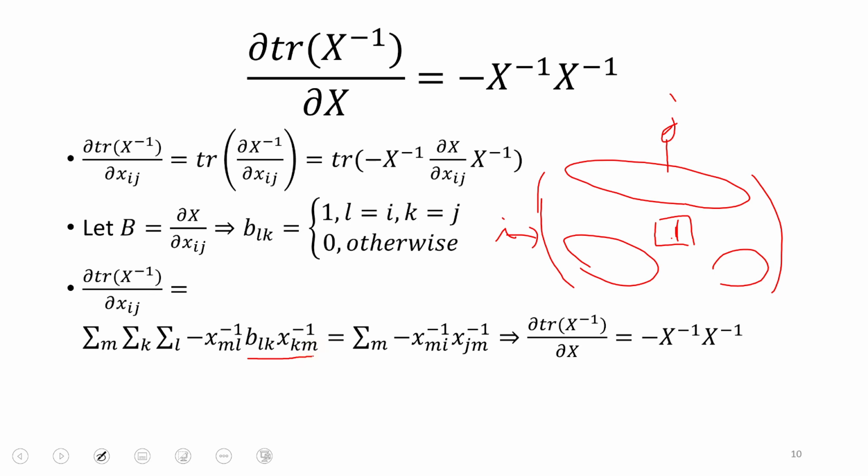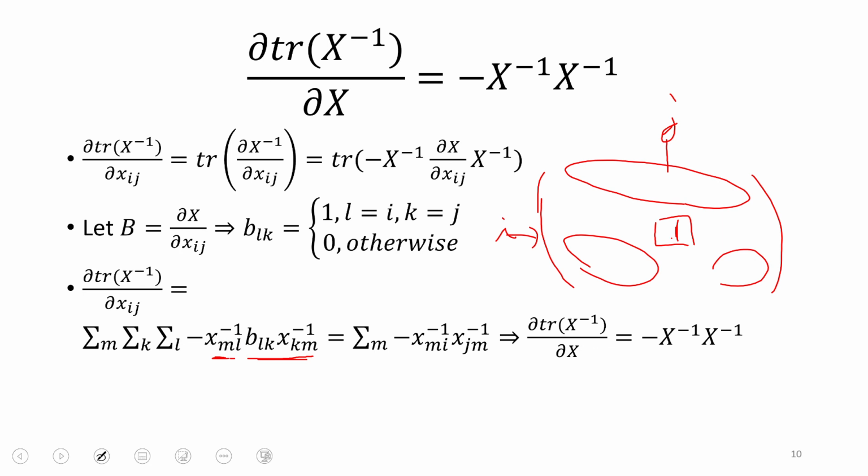We use x inverse to represent elements of x inverse. So B_lk times x inverse_km, with k going from 1 to n. Then this is also multiplied by another factor in the front, x inverse_ml, with l summed over. That's the multiplication of x inverse multiplied by B.